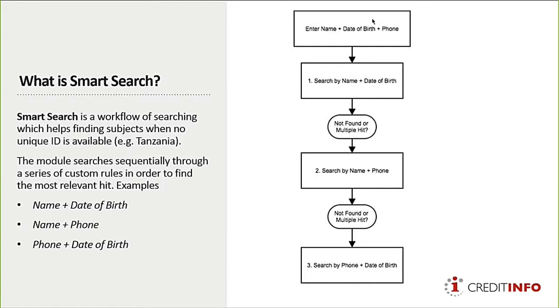So effectively, the user doesn't need to try these different combinations, but the system does it for him or for her, trying to get all the parameters and search by different combinations.